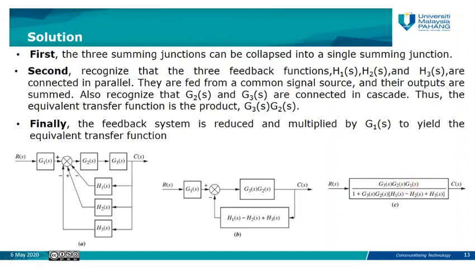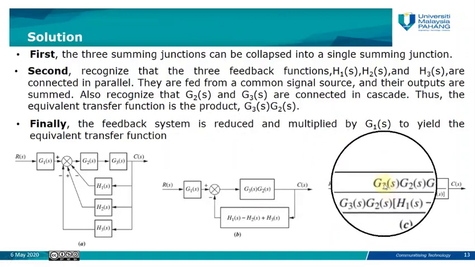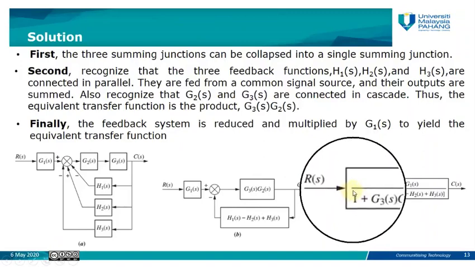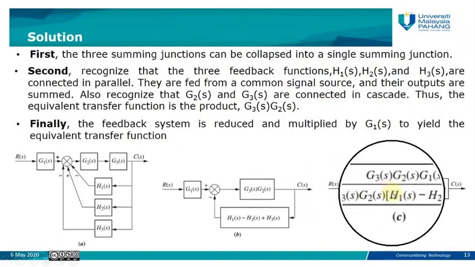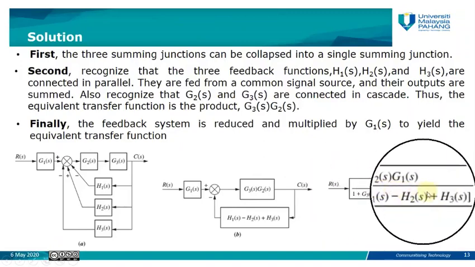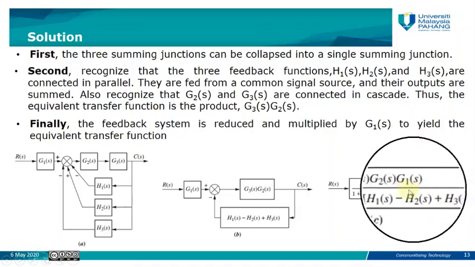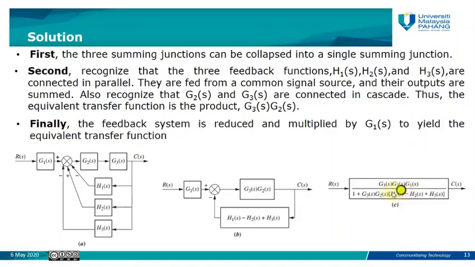By using this block, it's easy to analyze the control system or the transfer function of this control system, so we can know if this control system is stable or not, what is the value of transient response, what is the value of steady state response, and so on. I hope it's clear how to simplify this complicated block diagram.